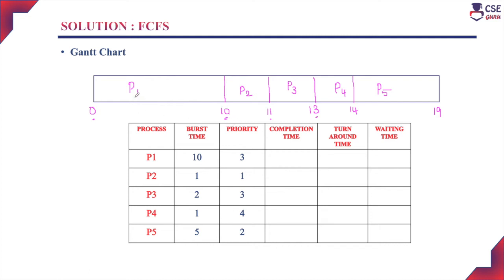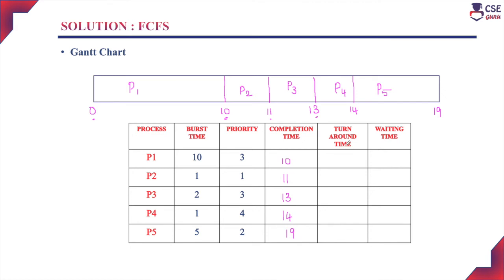So the completion time for process P1 is 10 milliseconds, P2 is 11, P3 is 13, P4 is 14 and P5 is 19.